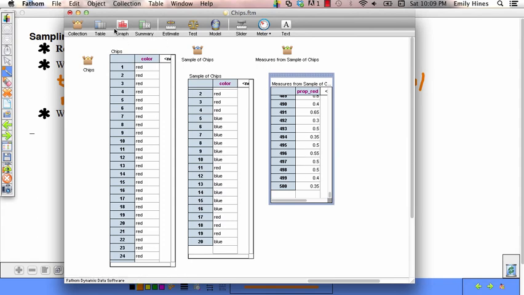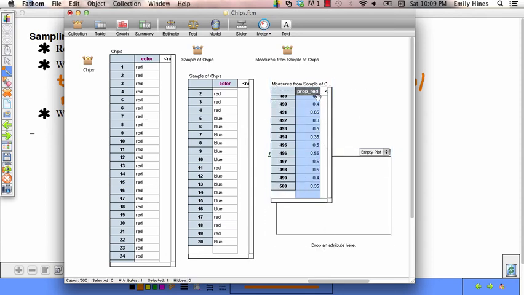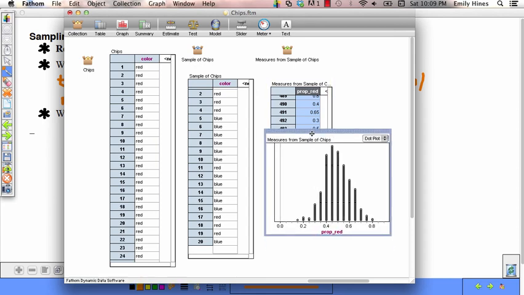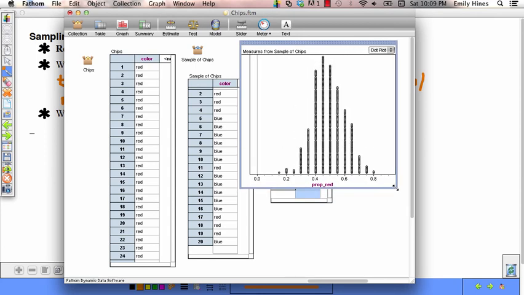If I really want to see what this looks like, I'm going to take this and make a dot plot. So you can see in our dot plot, our proportions go from one time when we got about 18% red, all the way up to one time when we got about 80% red.